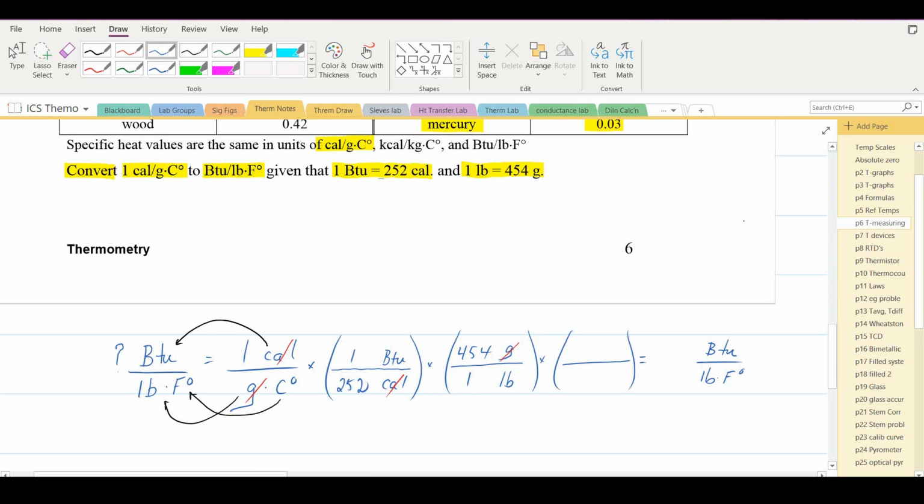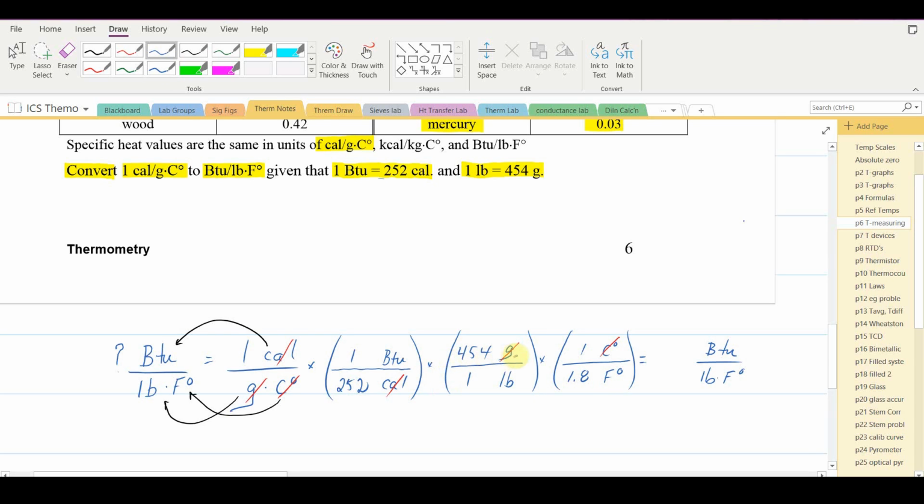Finally, we'll want to convert from per Celsius degree to per Fahrenheit degree. So let's put Celsius degrees in the numerator and Fahrenheit degrees in the denominator. Recall from the last lesson that 1.8 Fahrenheit degrees is equivalent to 1 Celsius degree temperature change. So my units now are BTUs per pound Fahrenheit degree.